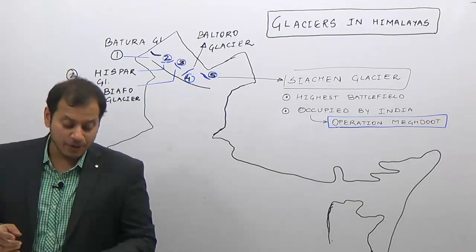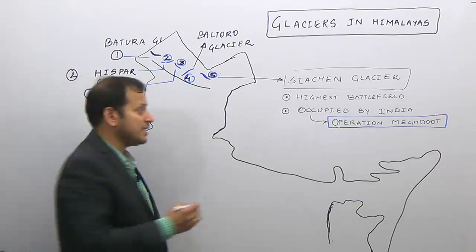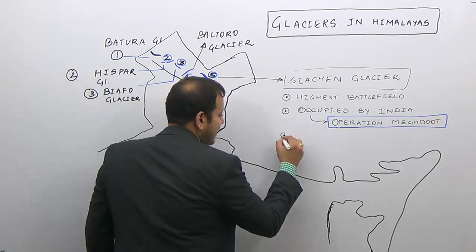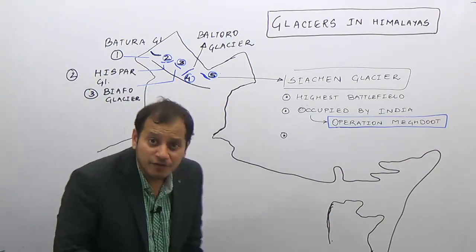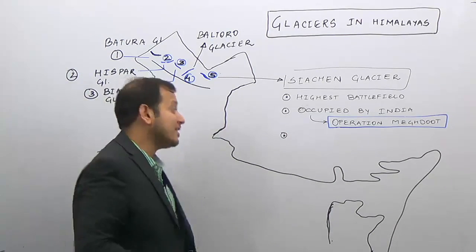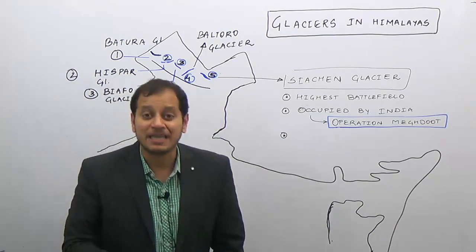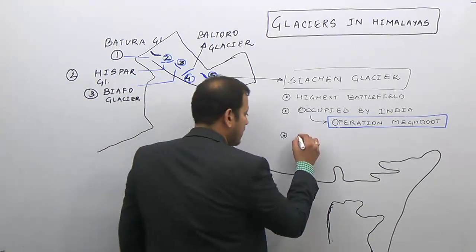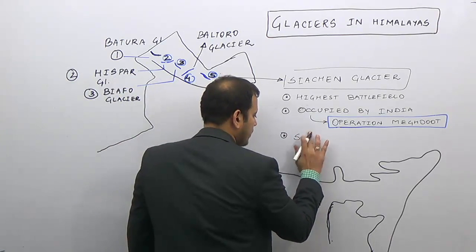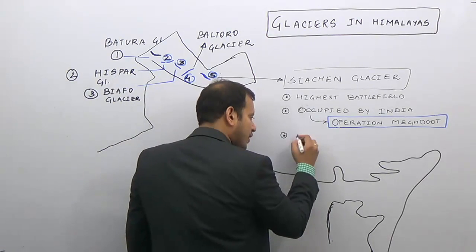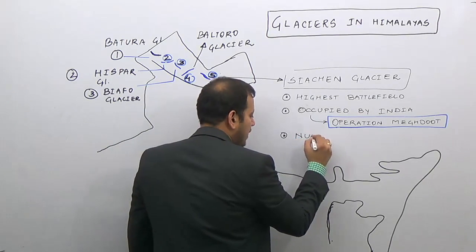The next important point you should remember about the Siachen Glacier is: it is the source of which river? It forms the headwaters of the Nubra river, or we can say the Nubra Valley.